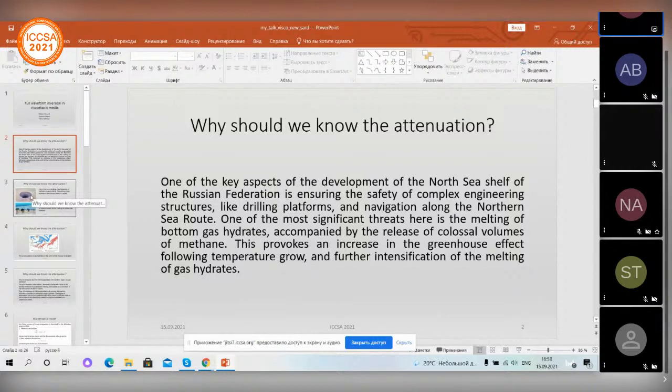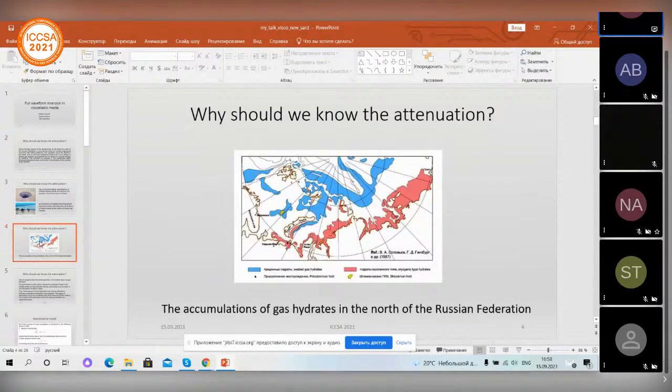If there will be such kind of explosion near the drilling platform or near the ship, it will be not so good for them. And this is the map with distribution of the gas hydrate in the northern seas of Russia, on the shelf. You see that it is a very huge territory.